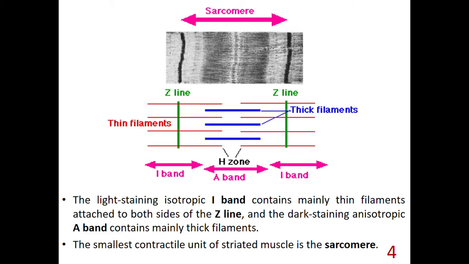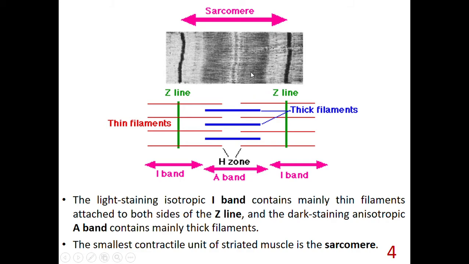First of all, we see the I band, the isotropic area, which mainly contains thin filaments. These thin filaments attach to both sides of the Z line.